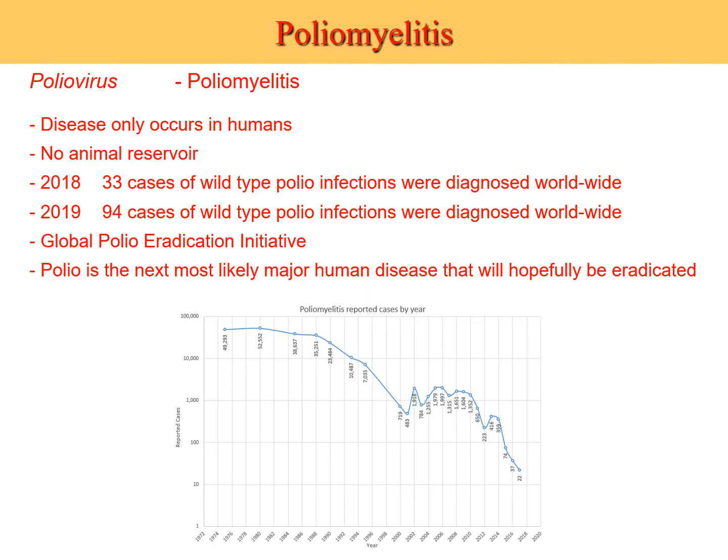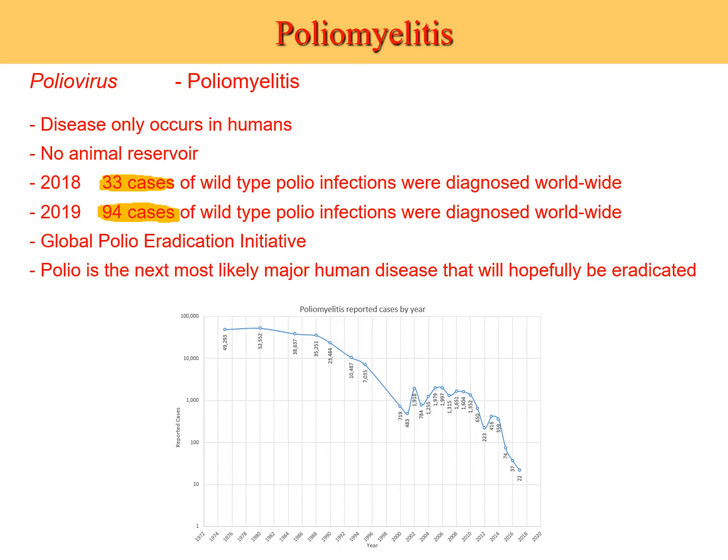Poliovirus, as I said, only occurs in humans, no animal reservoir. In 2018, there were 33 cases of what's called wild-type polio infections worldwide. In 2019, that has increased because of increasing difficulty of entry into some areas in Afghanistan and northwest Pakistan, which borders right on Afghanistan.